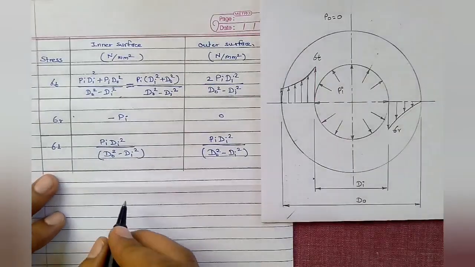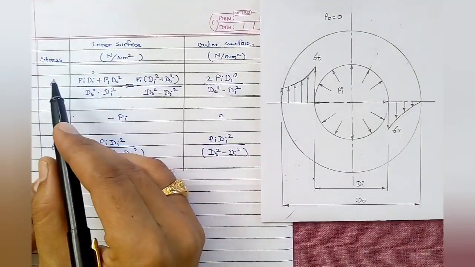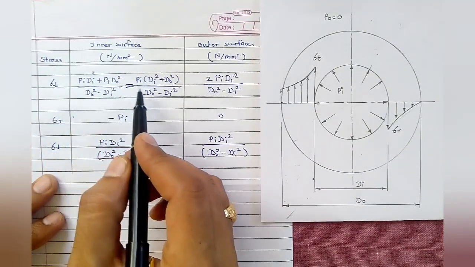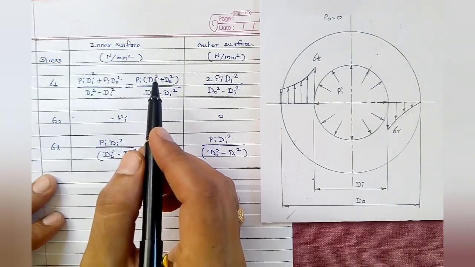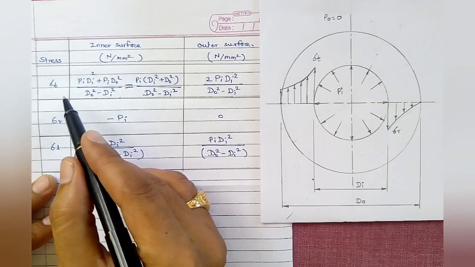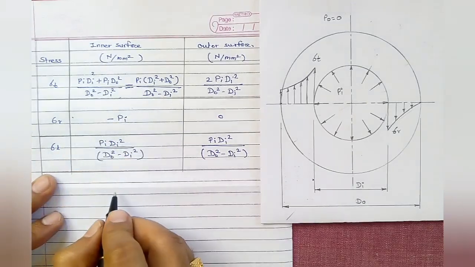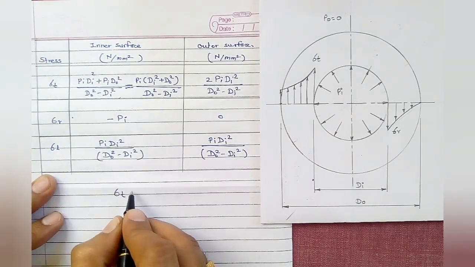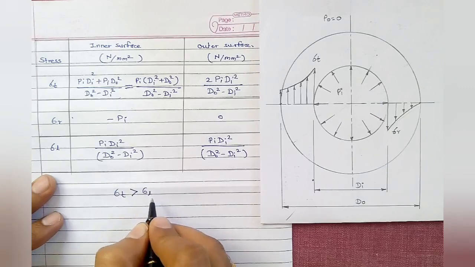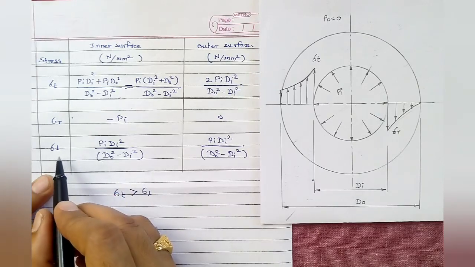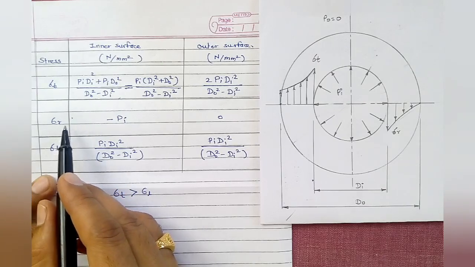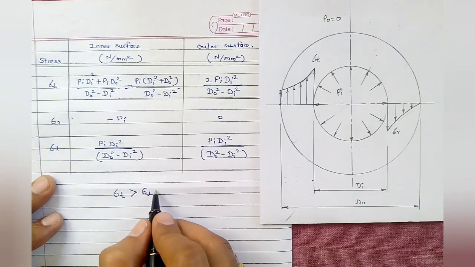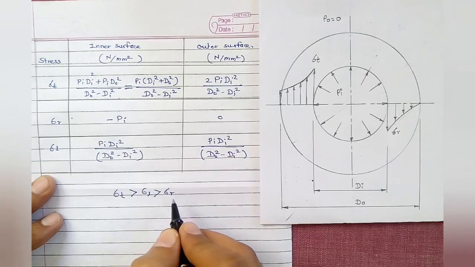The tangential stress is maximum at the inner surface, and it is the maximum amongst sigma r and sigma l. So sigma t is greater than sigma l, and the longitudinal stress is greater than the radial stress. So the least is the radial stress.